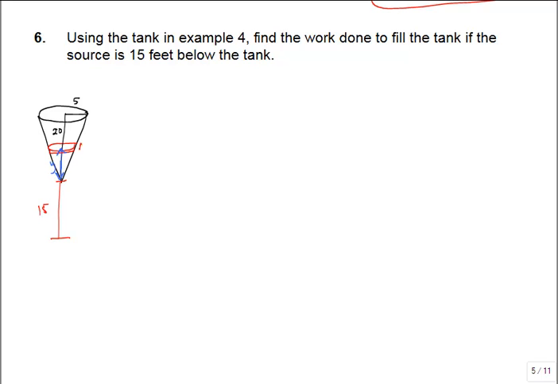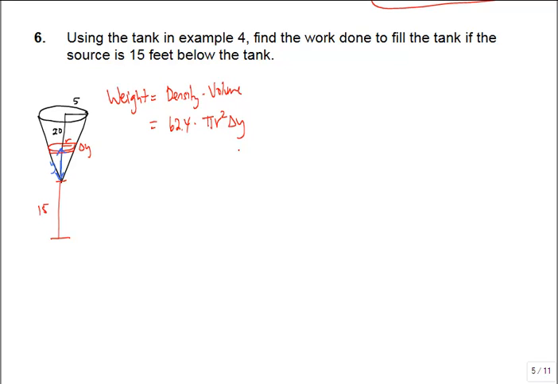I'm going to let the thickness of my slice be delta y. So the weight of my slice is going to be the density times the volume, which is going to be 62.4 times, if this has a radius r, this volume is pi r squared times delta y.